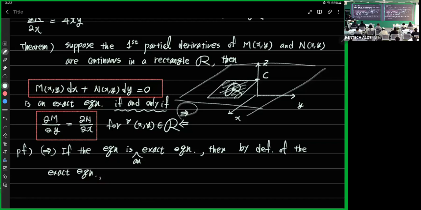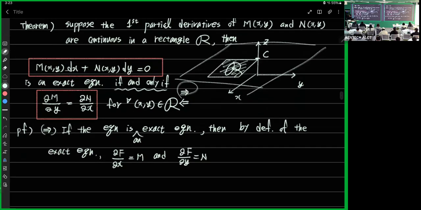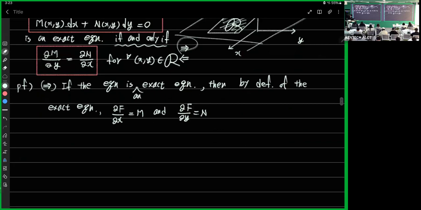The differential equation has a form like this. And what? Partial f, partial x is equal to M, right? And partial f, partial y is equal to N, right?